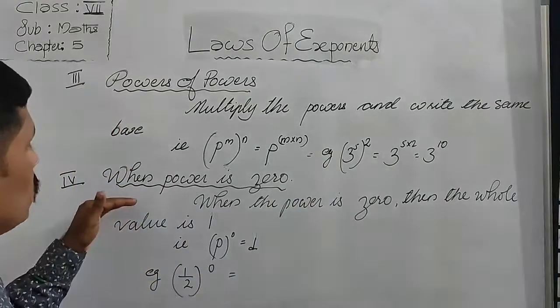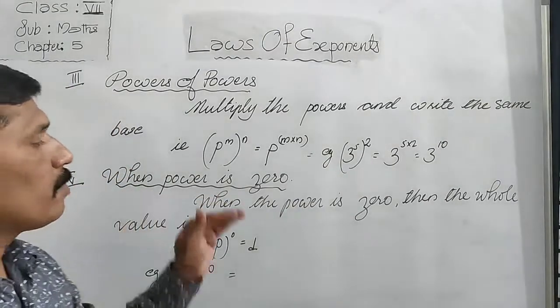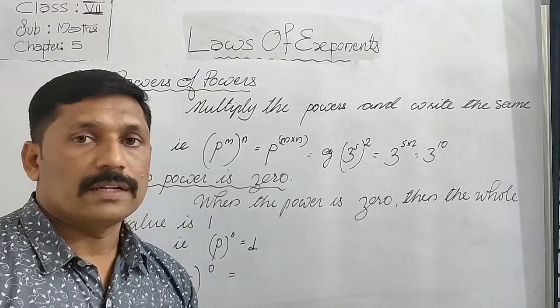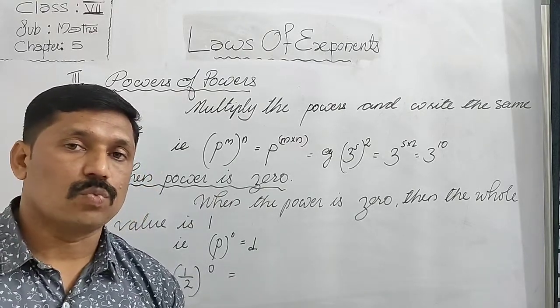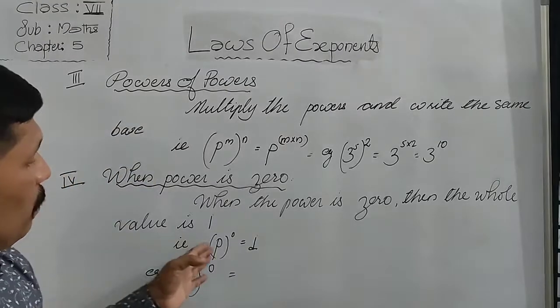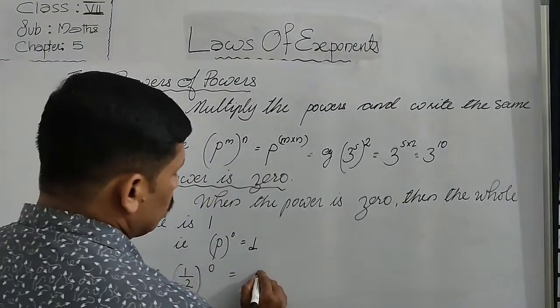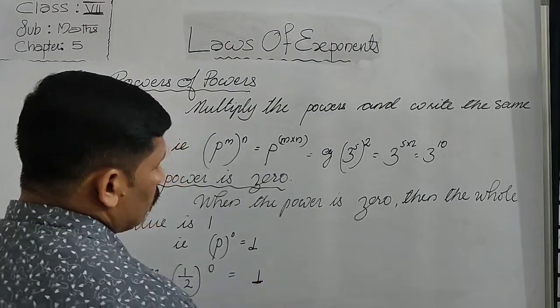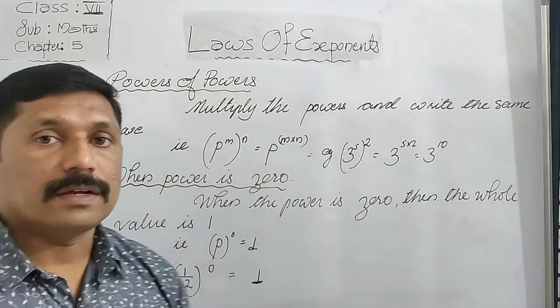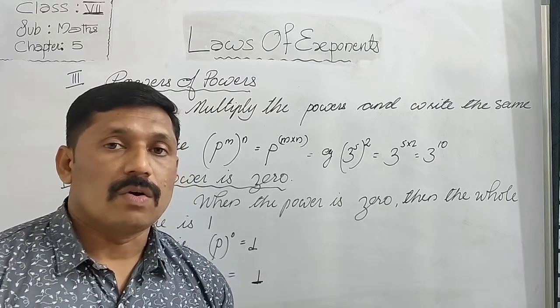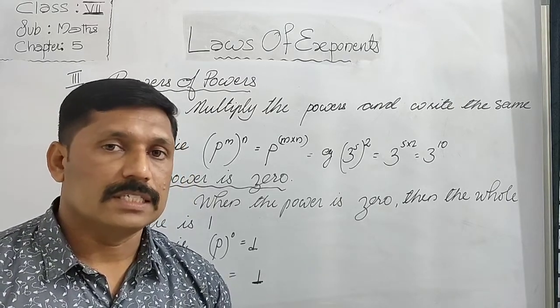And one more rule, that is the fourth rule, when the power is 0. When the power of any number is 0, then the whole value of the expression is 1. Example, p power 0 is equal to 1. For example, (1 upon 2) power 0 is equal to 1. So when the exponent is 0, then the whole value of that expression is 1.